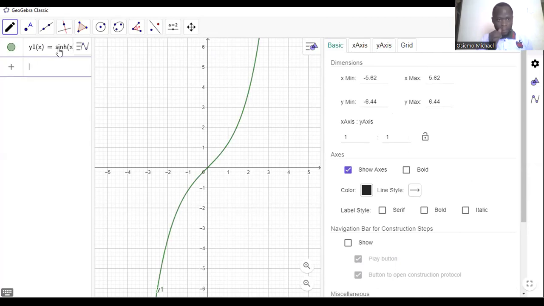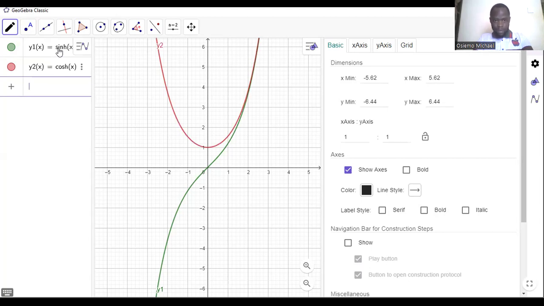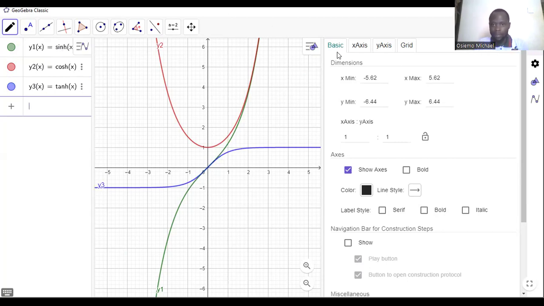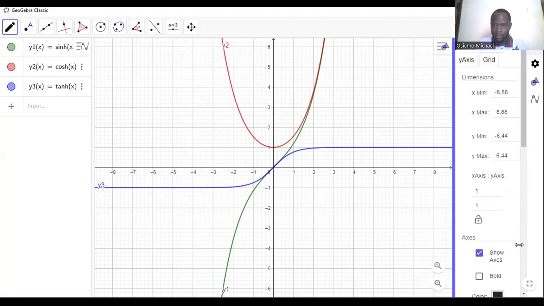That is for the sine. And then you can have y2 is equal to cos hyperbolic x. Here we can see how it looks like. And we have now y3 equal to the tan hyperbolic of x. Again, you can see how it looks like. So we have the three graphs here with us.